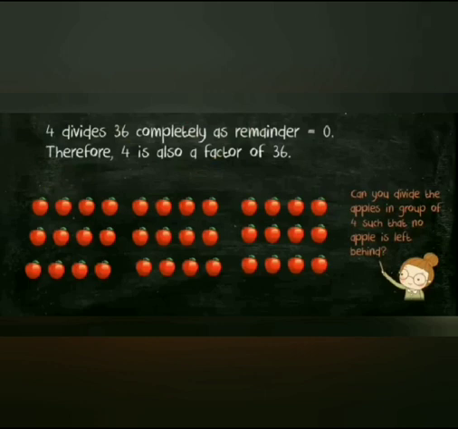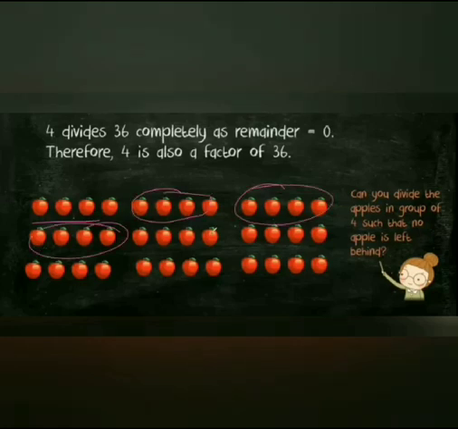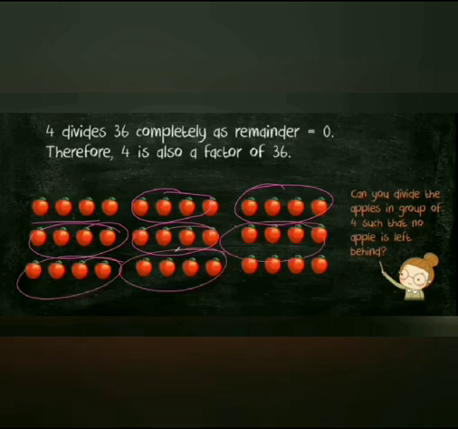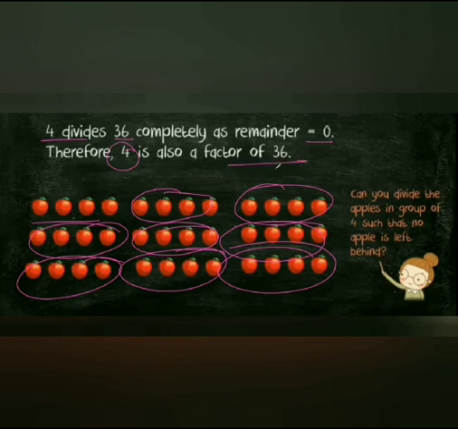On dividing these apples in groups of 4, we can see that group 1, 2, 3, 4, 5, 6, 7, 8, and 9. 9 groups are formed. And we can say that 4 divides 36 properly and there is no remainder left. Therefore, 4 is a factor of 36.